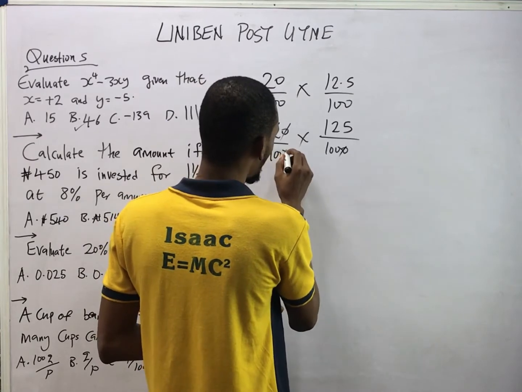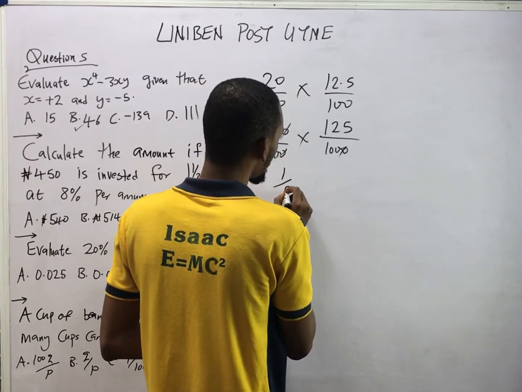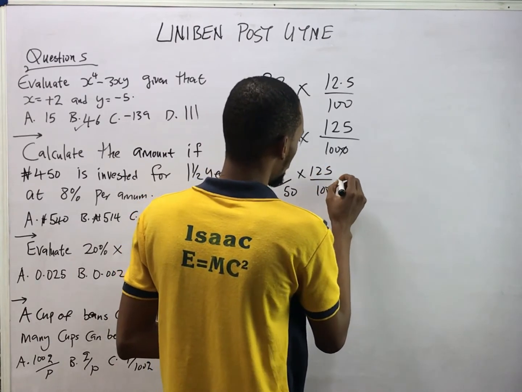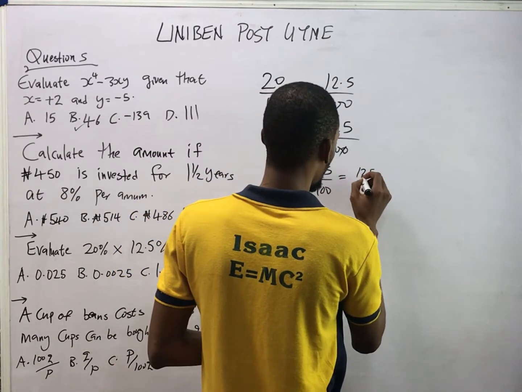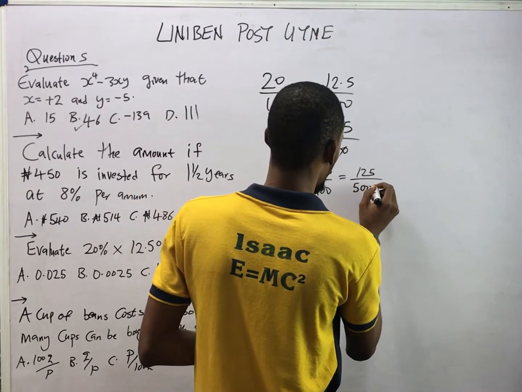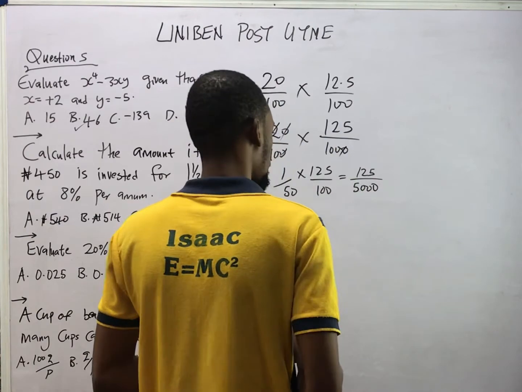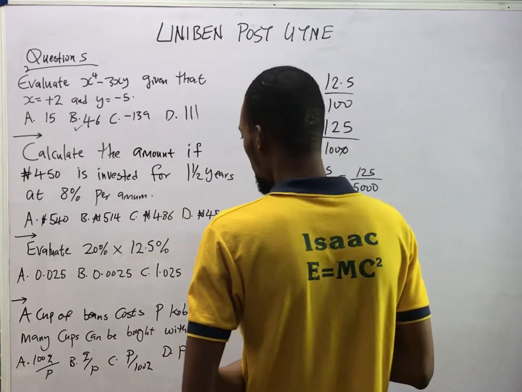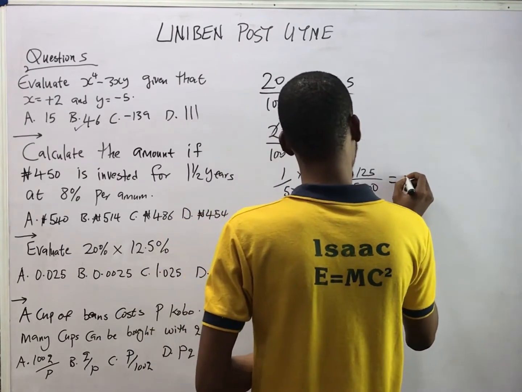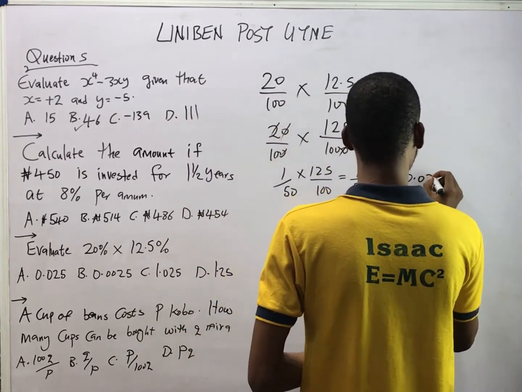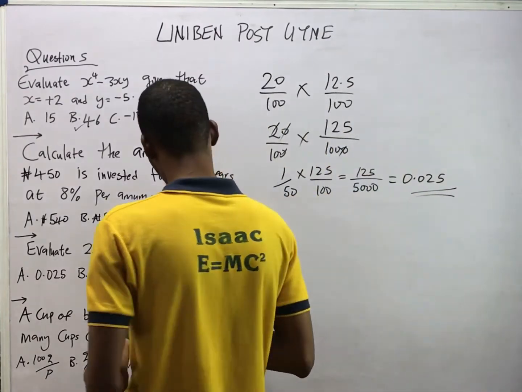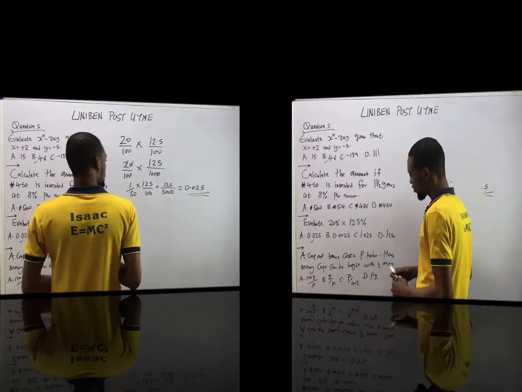This here can go into this to remain 50 times 125 over 100. So this is 125 over 5000. Breaking this down, this should give you 0.025. So multiplying, you get 0.025, and that's option A.